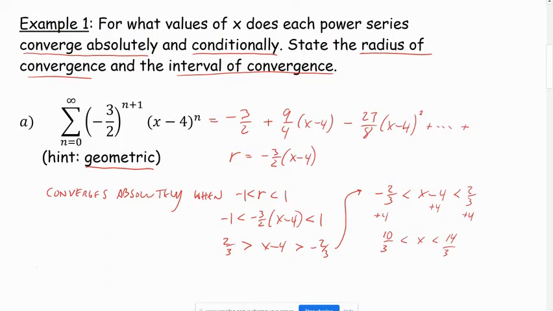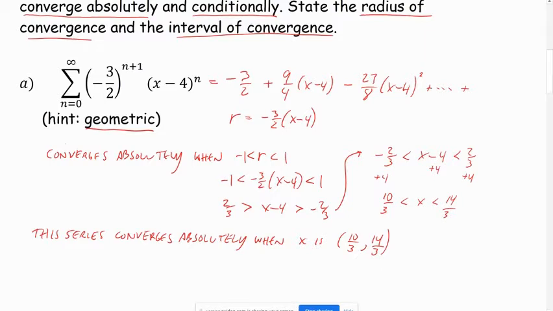And so we can say this series converges absolutely when x is on the interval from 10/3 to 14/3.